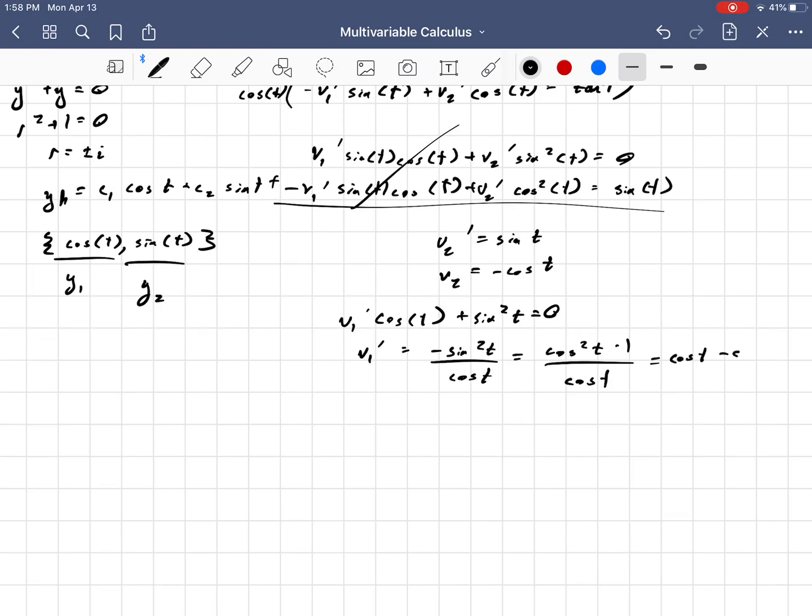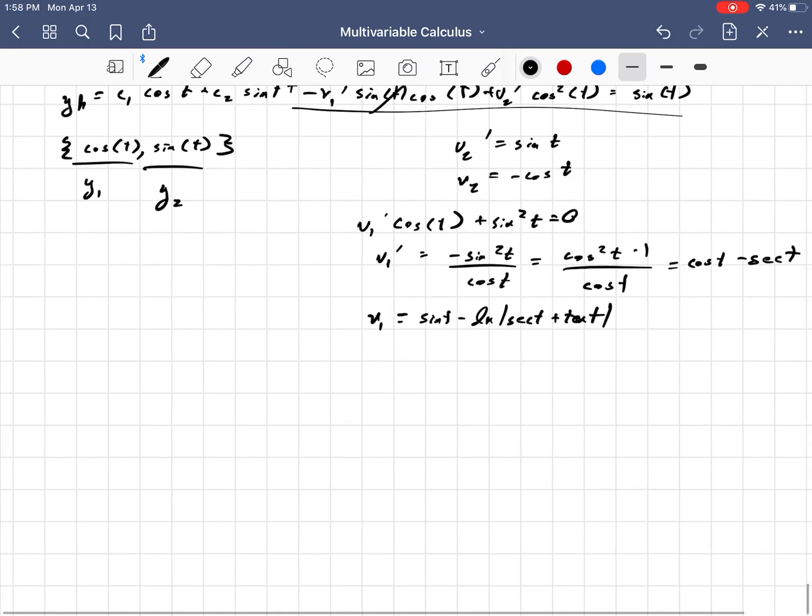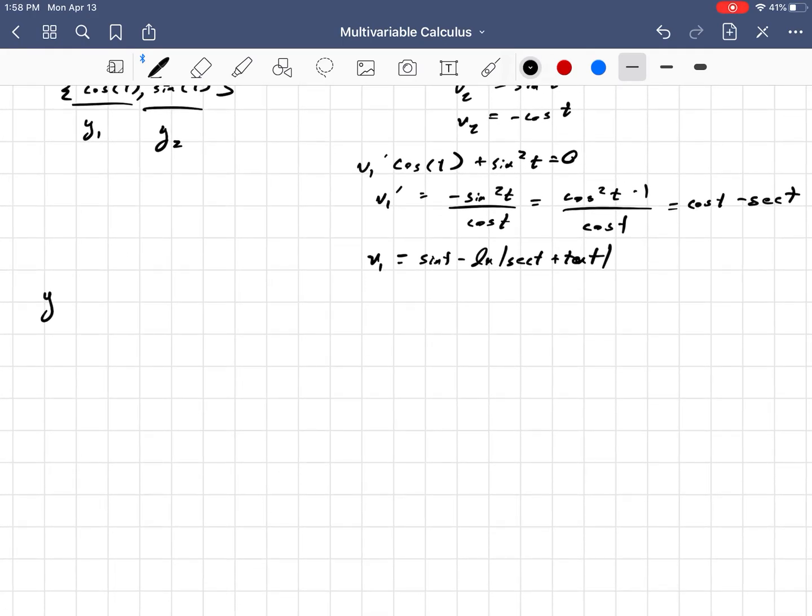Normally sine squared t is 1 minus cosine squared. We have the negative, so that makes it cosine squared t minus 1 over cosine of t, which is cosine of t minus secant of t. So v sub 1 is, when we integrate, sine of t minus natural log absolute value of secant t plus tangent t.